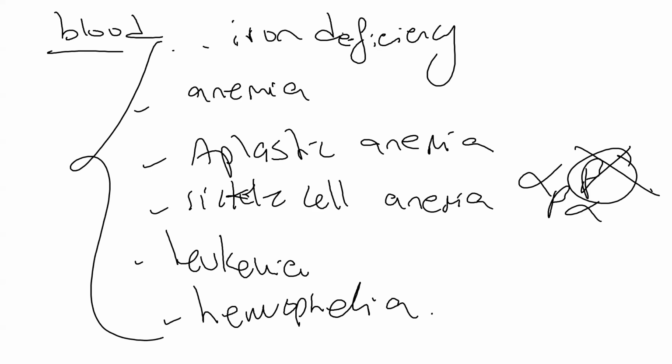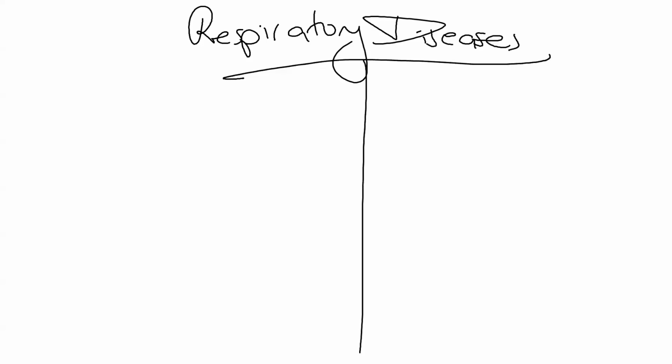There are other diseases which are respiratory. Let's talk about them. So, respiratory diseases. We have two kinds of diseases. They can be restrictive or obstructive.